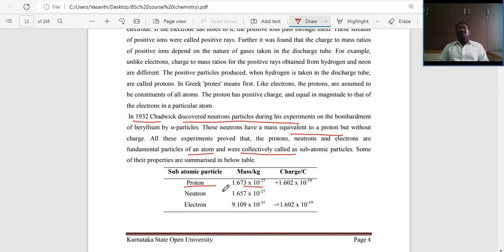For the neutron, the mass is almost similar to that of the proton, 1.657 into 10 to the power of minus 27. For the electron, the mass is 9.109 into 10 to the power of minus 31 kg. The charge is negative, 1.6 into 10 to the power of minus 19 coulomb.